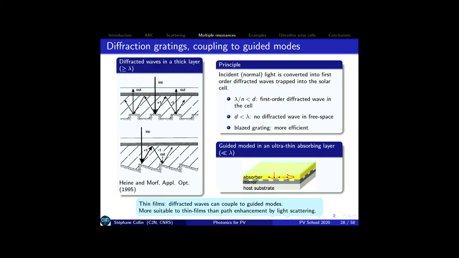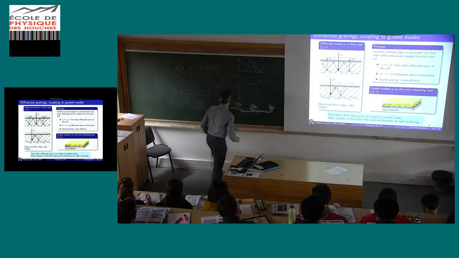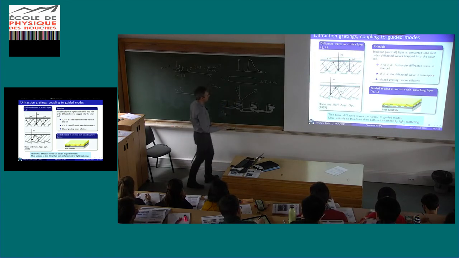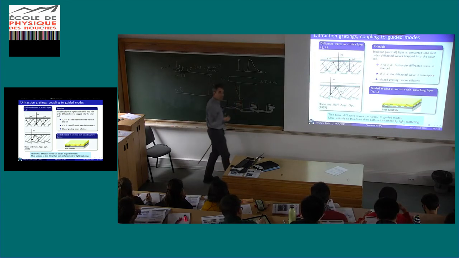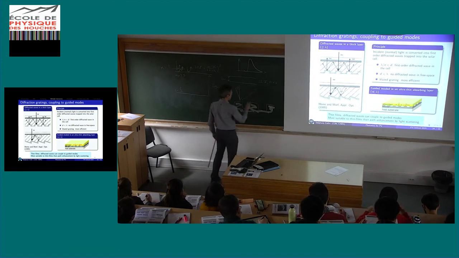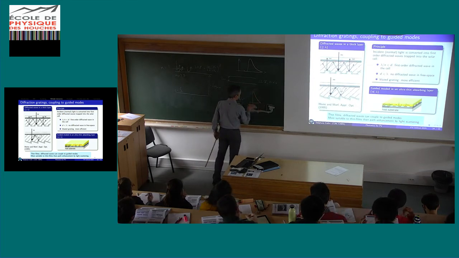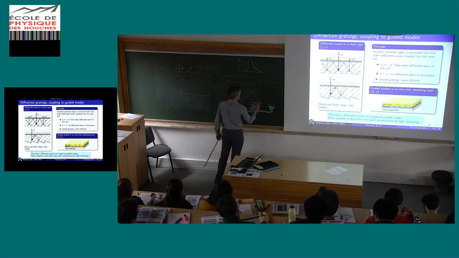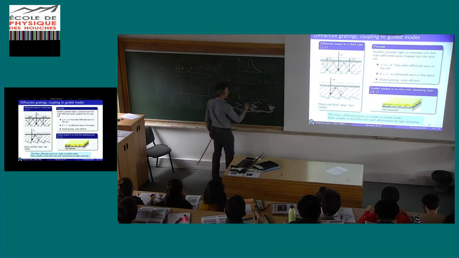Okay, now I have to speed up with this historical part. So what happened here? Why do you have a resonance? What he observed is that you have absorption in these metallic gratings, and these resonances were explained later as related to surface plasmon resonances, so guided waves at the interface between the metal and the air.